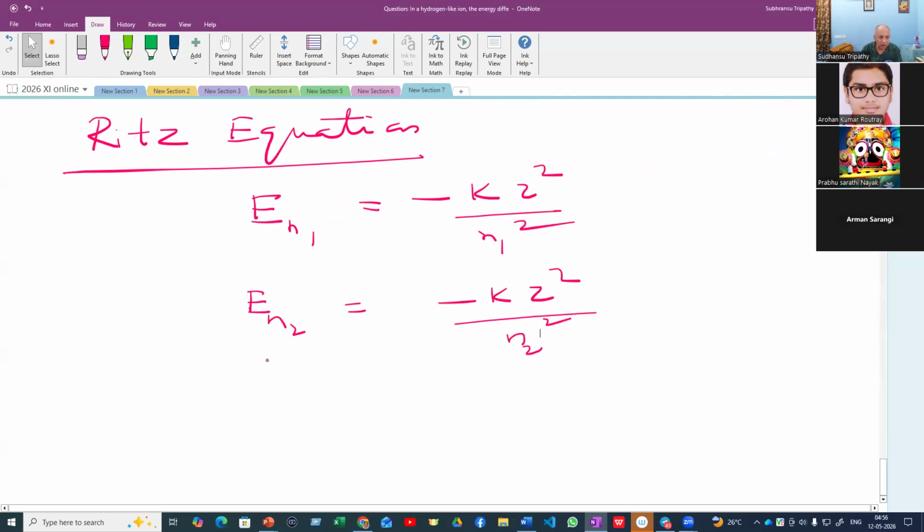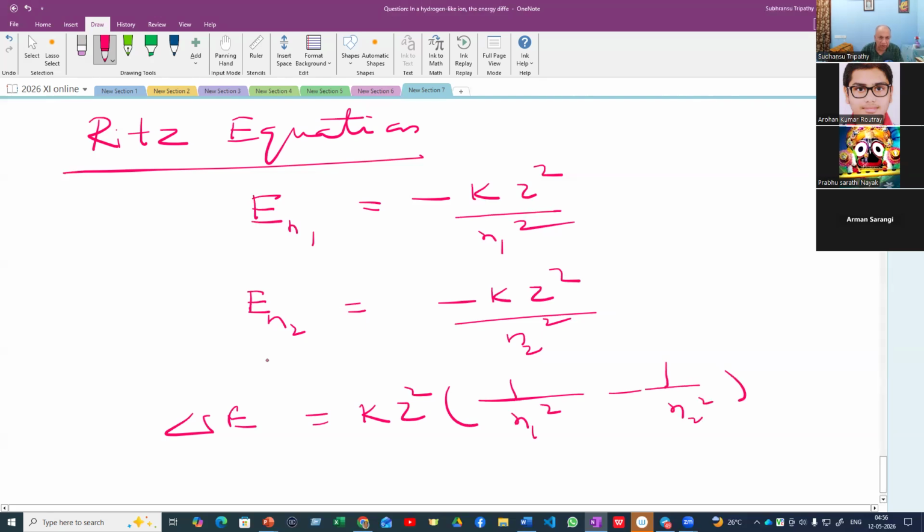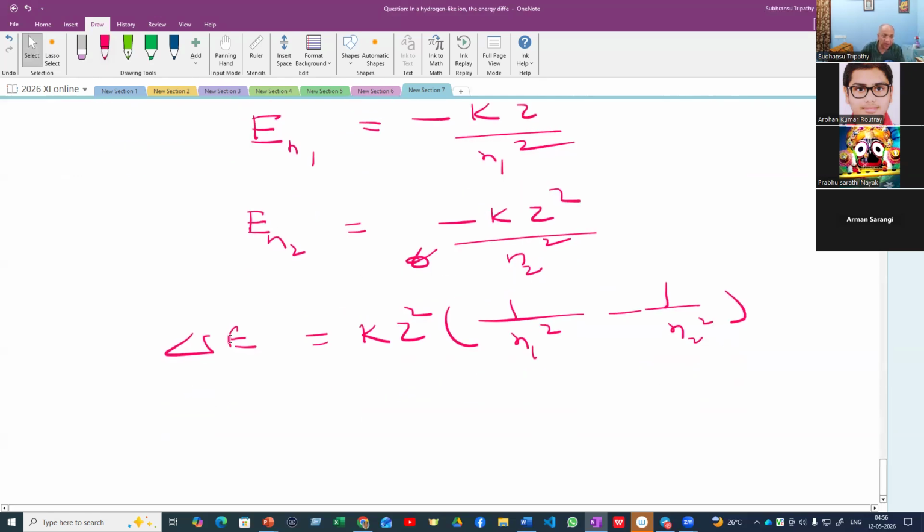In general, the difference, taking K Z square common, becomes plus, so it is 1 by N1 square minus 1 by N2 square.